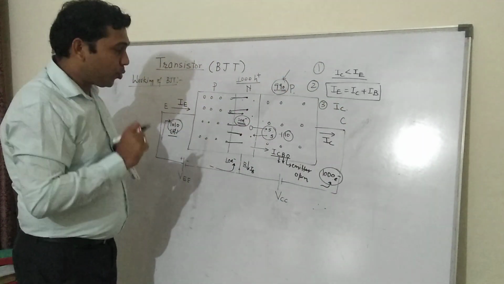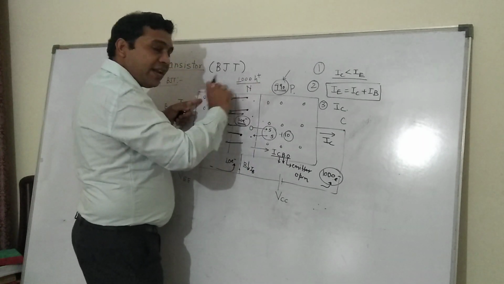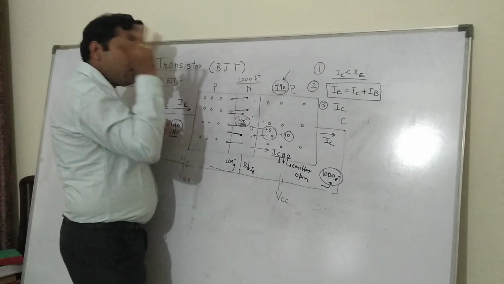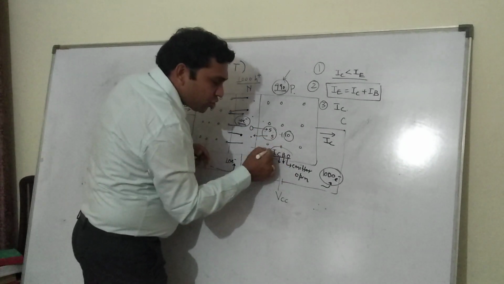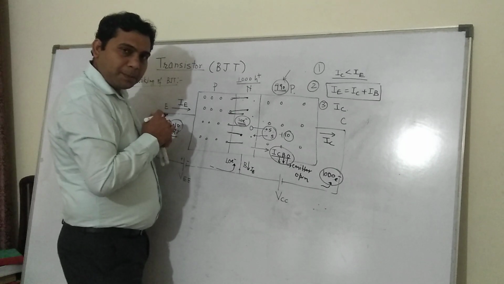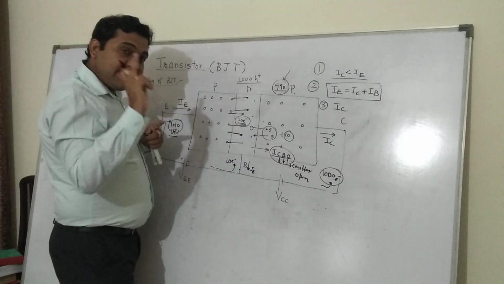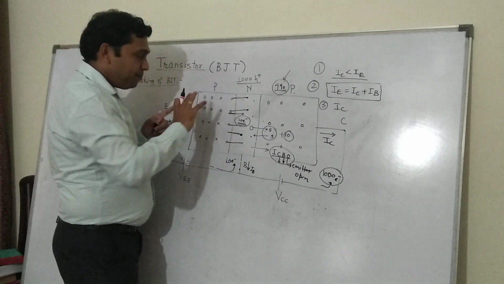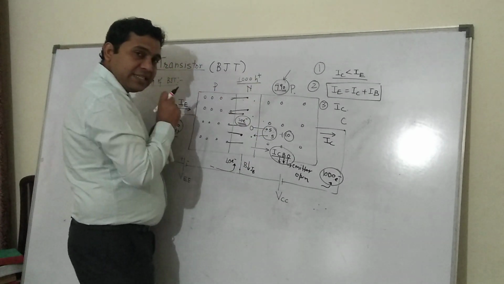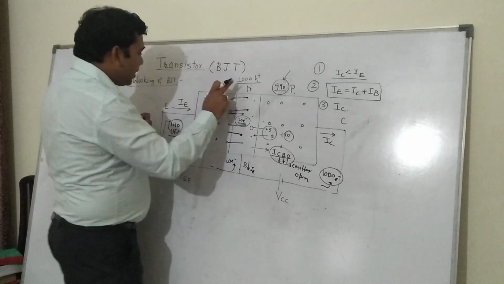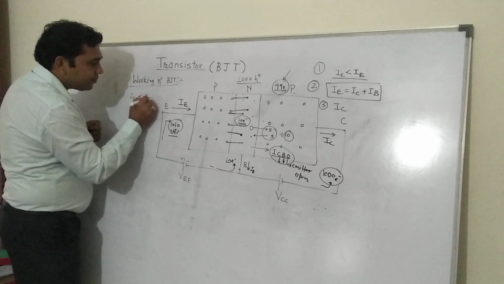One, the part of the majority charge carriers which are coming from the emitter region, and number two, because of the ICBO.